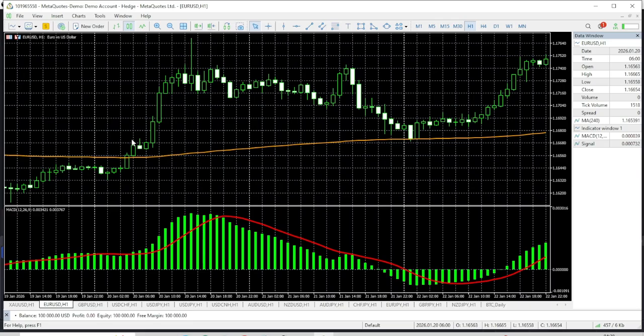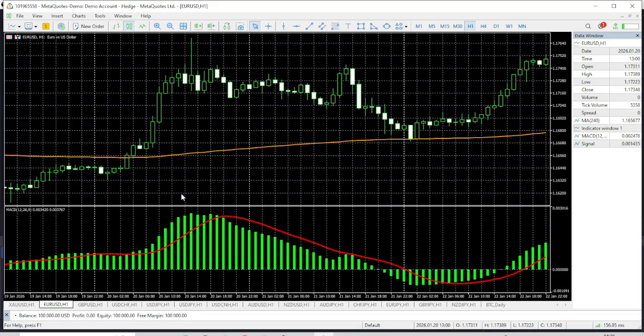And then once we have that, we wait for a pullback to the moving average. And we said that our pullback is determined using MACD. And this is how we use the MACD to determine the pullback. When the histogram bar goes below the signal line, that is the red line.